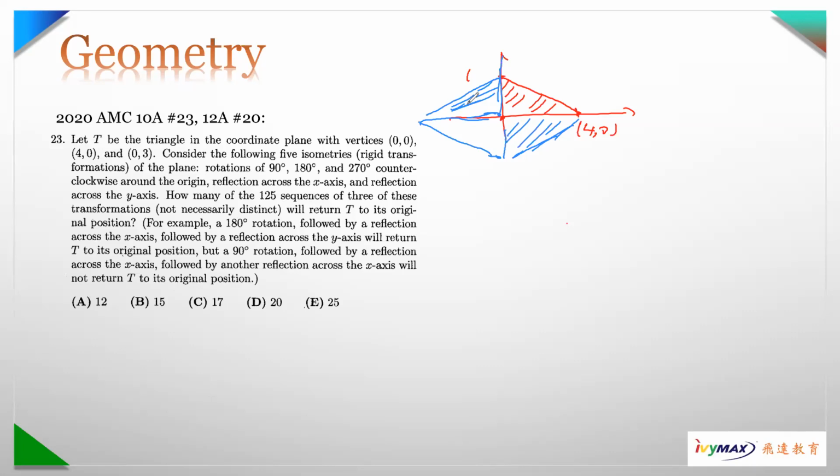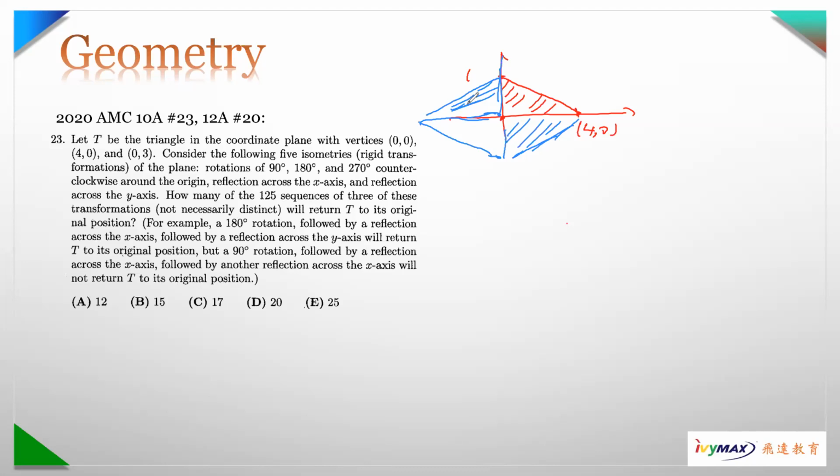So they want to find out, of those 125 sequences of operations, how many can make the final location of the triangle go back to the original position? Think about that. This question is actually not very hard. The number of options is pretty small, not tiny, but small.